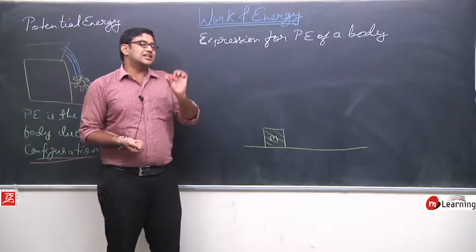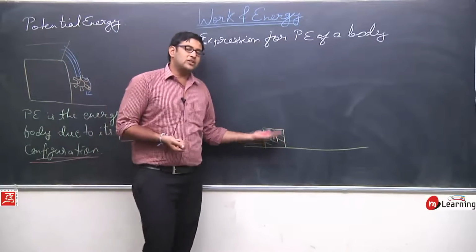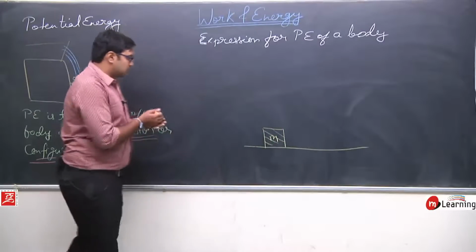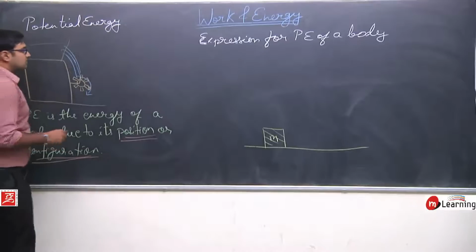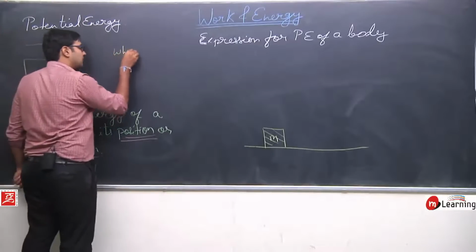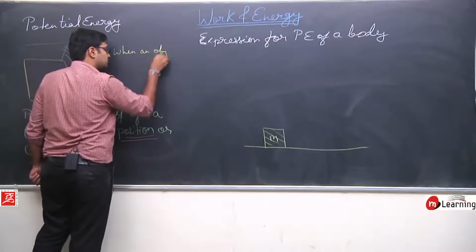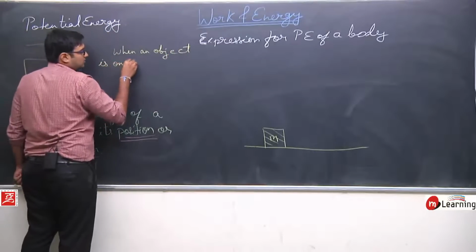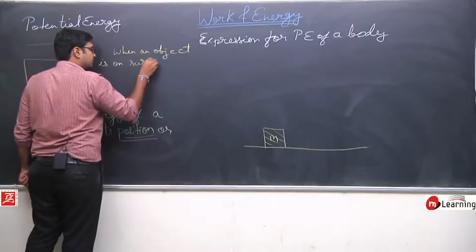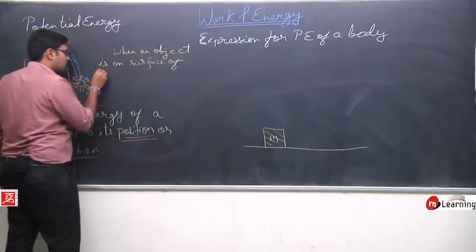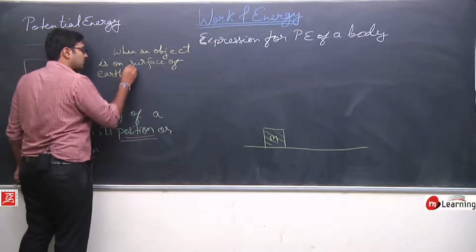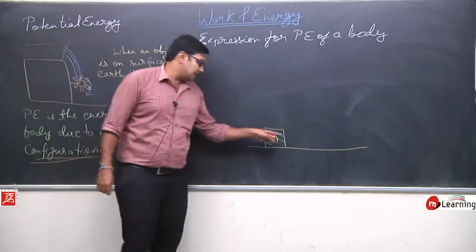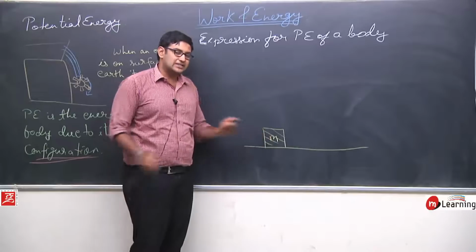So let's assume that when an object is on the surface of earth, its potential energy is equal to 0. So here I will say the potential energy of the object is 0.